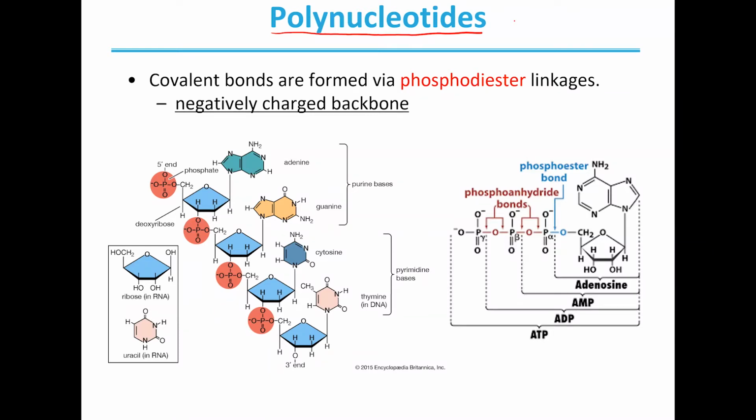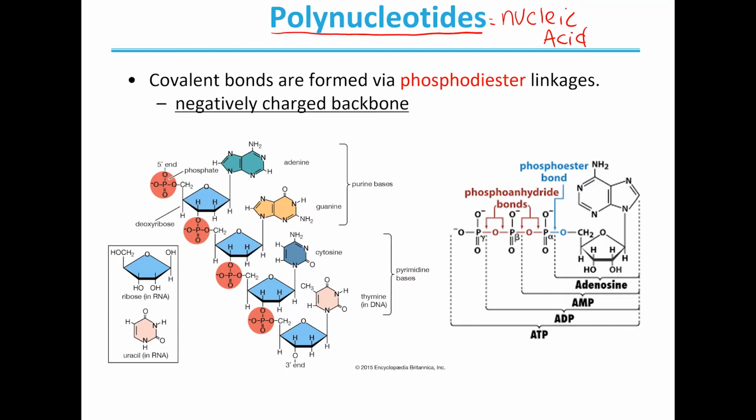Now, the way that nucleotides form a polynucleotide, or remember, we also call this a nucleic acid, which is the name for the polymer form, is that they covalently bond to each other through a phosphodiester linkage. And I want to spend a little bit of time going over what this looks like and distinguishing it from another bond that we have seen, which is a phosphoanhydride bond.